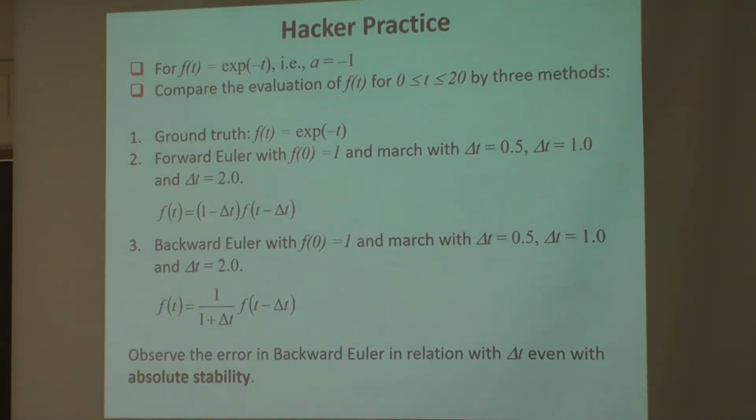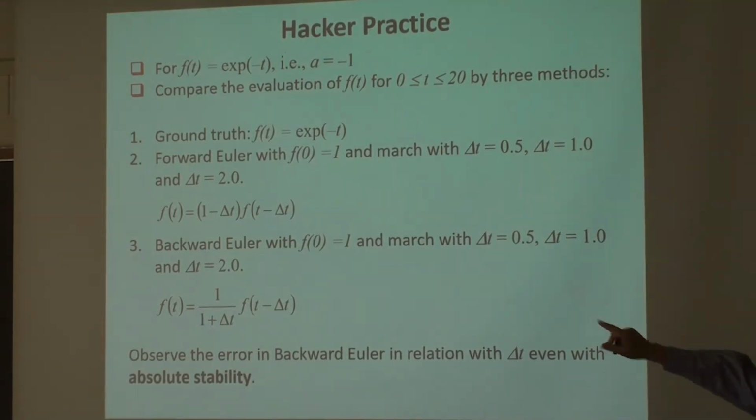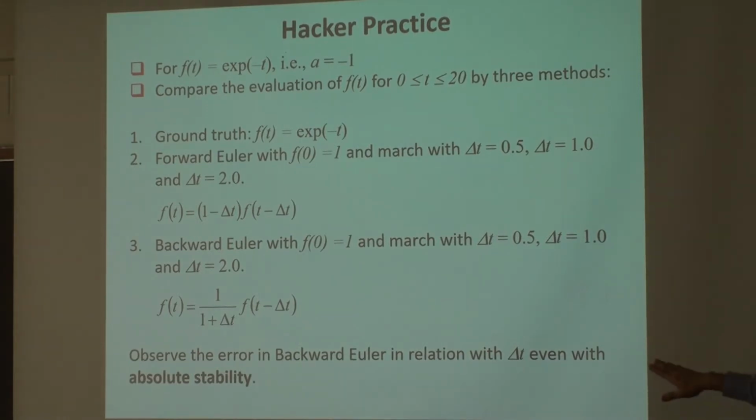It's basically just every time, forward Euler multiplies by the factor of 1 minus delta t, and backward Euler by 1 over 1 plus delta t. That's because a is minus 1.